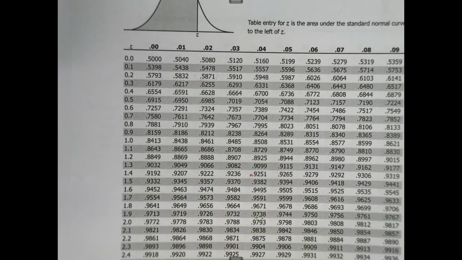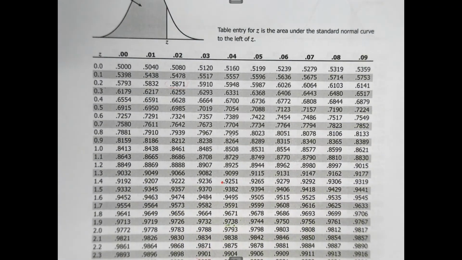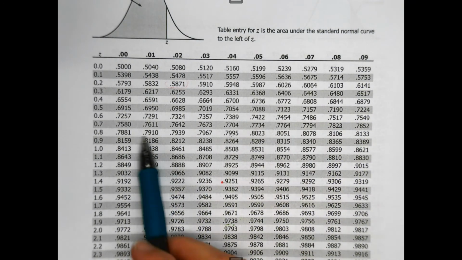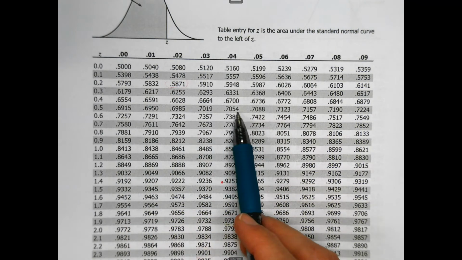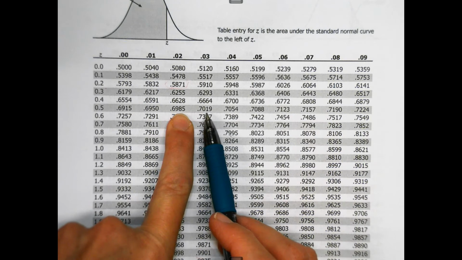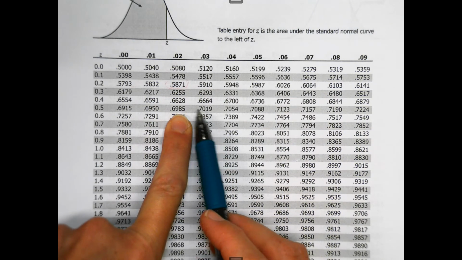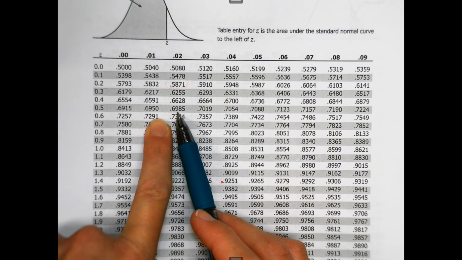So I look for 0.70 in the body of my table. I want to find the value that is closest to it. It looks like we're between 0.6985 and 0.7019. The one that is closest to 0.70 is 0.6985.